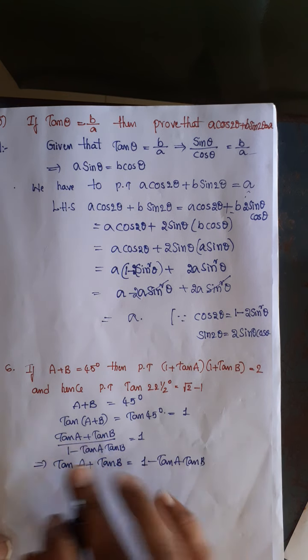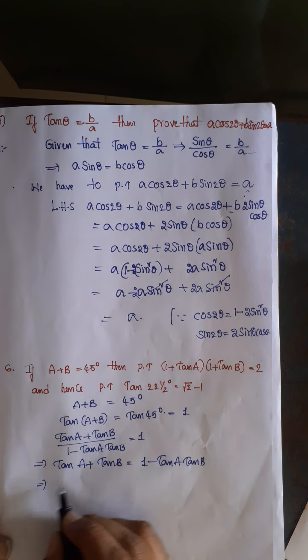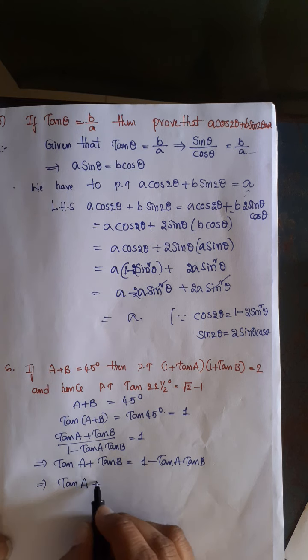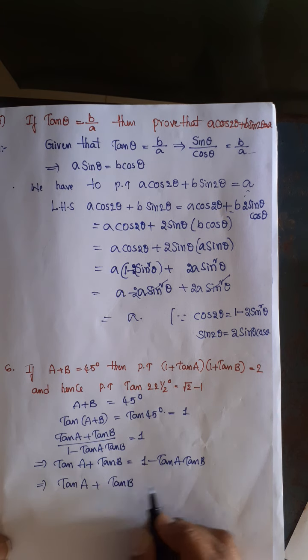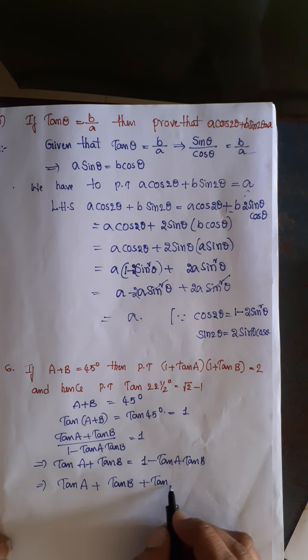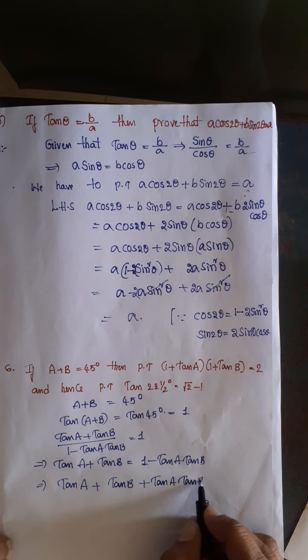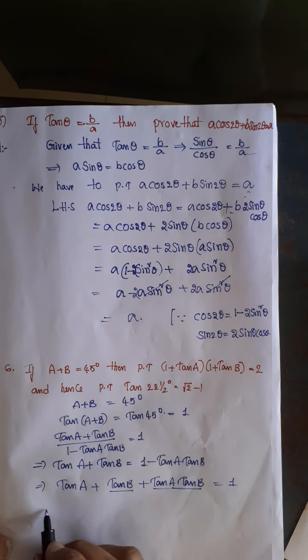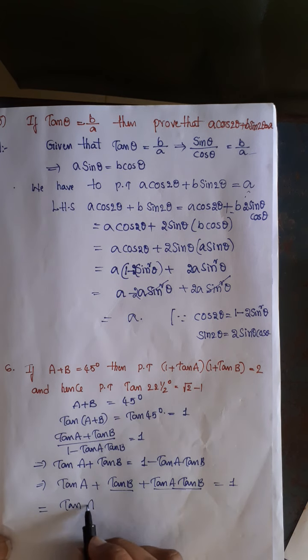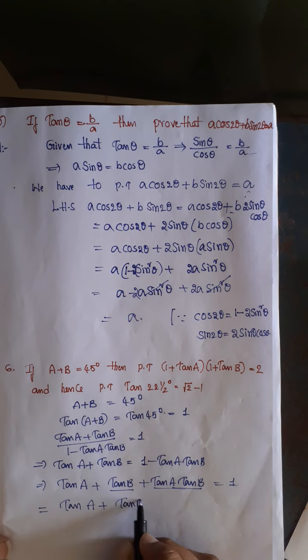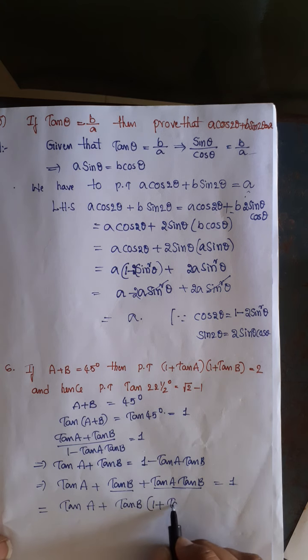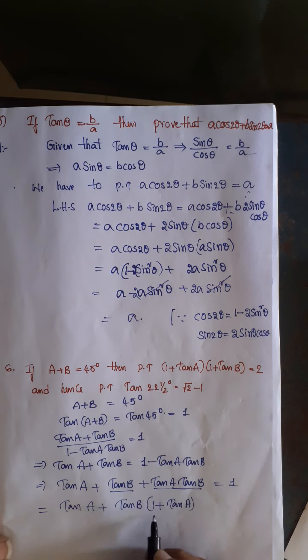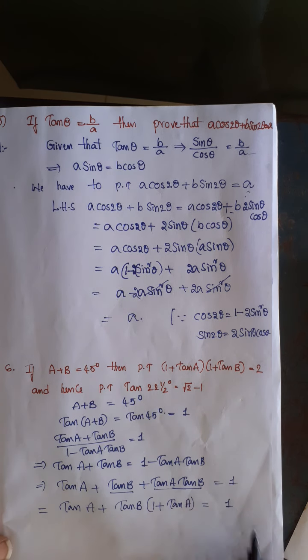Writing all the terms together, tan a plus tan b plus tan a tan b is equal to 1. So let us take tan b common from these two terms. Tan a plus tan b, if I take common, 1 plus tan a I will get.